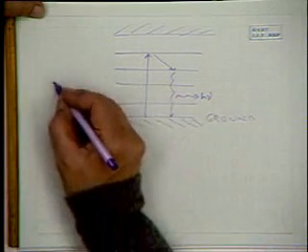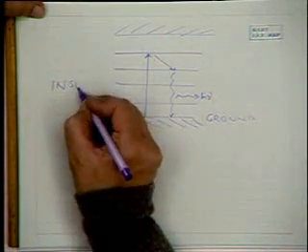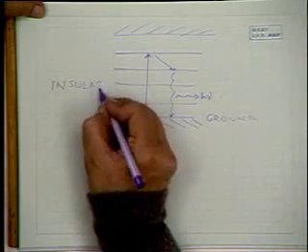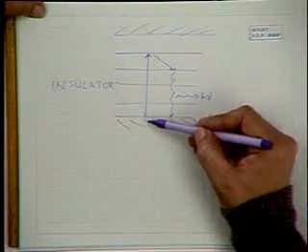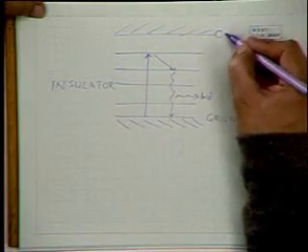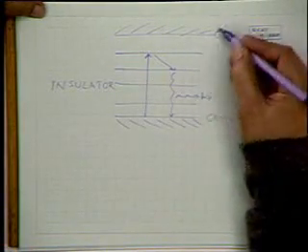So this is a typical mechanism in the case of an insulator. Notice that the electron is not excited into the conduction band, which is at a very high energy.